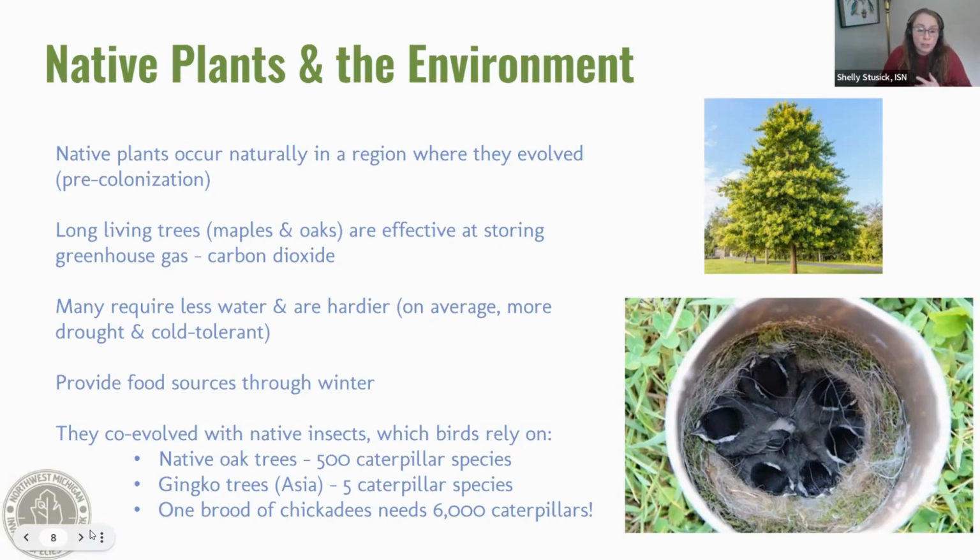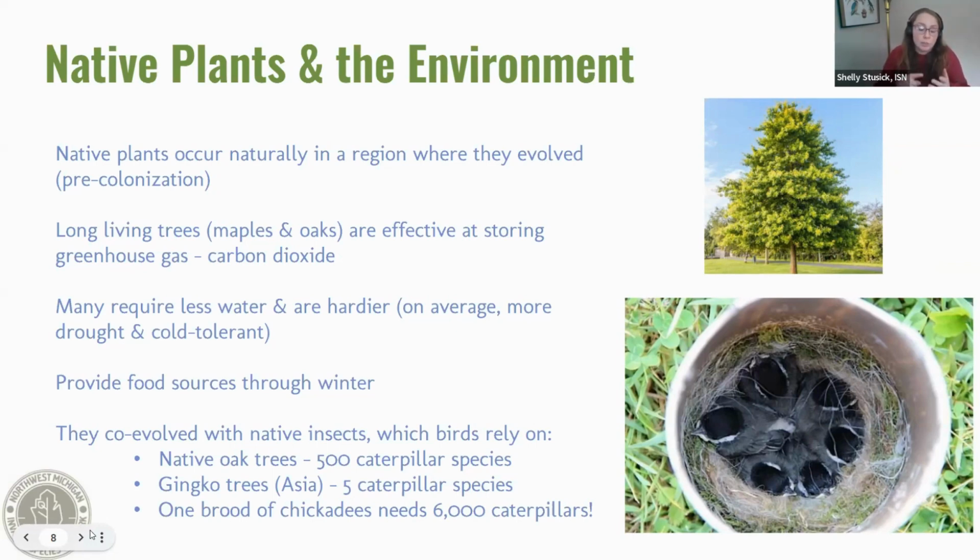Native plants also are able to provide food sources throughout winter, which not as many non-native species can, and especially invasive species, because a lot of them simply aren't food sources, or some of the non-native plants provide nectar, and it stops at the food web right there at nectar. It doesn't provide the ability for caterpillars and other insects to then complete that food cycle.